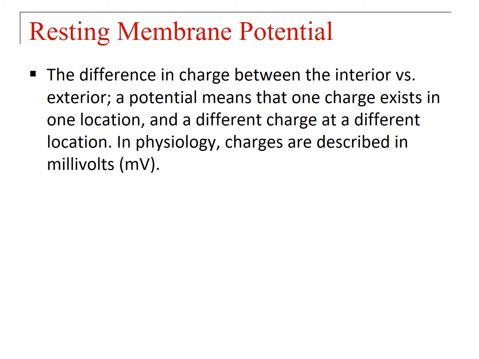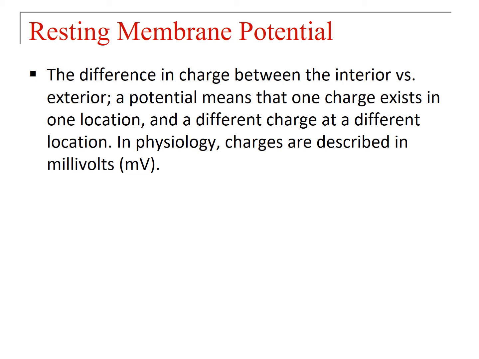These charges are basically concentrations of usually either electrons or of ions. Now in biological systems, we don't ever see ions on their own. They always get taken up by something. So in physiology, these millivolt charges are related to ions. They could be sodium or calcium or potassium, and so forth and so on.